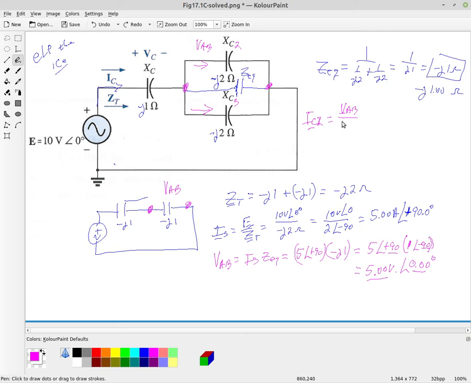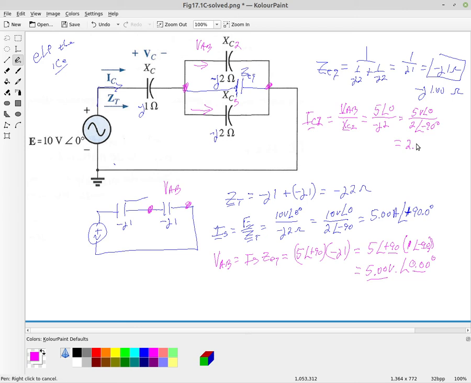Right, so X of C2, I'll write out the variable first, and then we'll put in the values. So we're going to have 5 volts at an angle of 0 divided by minus J2, which is 5 volts, angle 0, divided by 2 at an angle of minus 90 degrees.